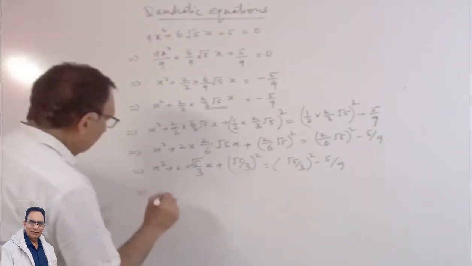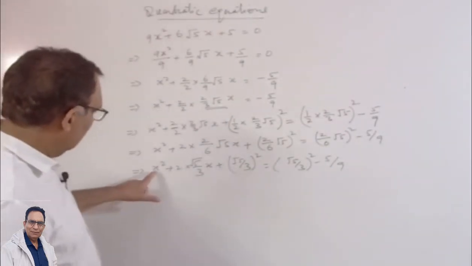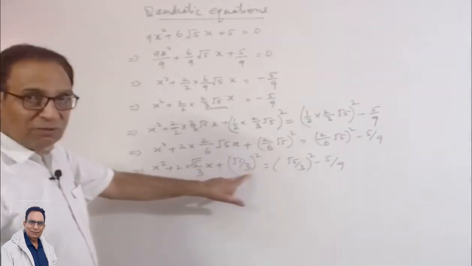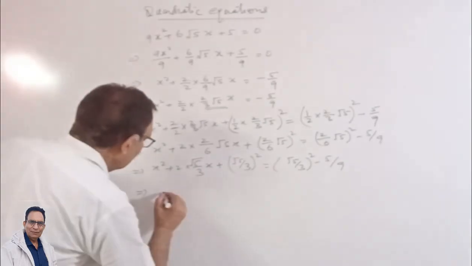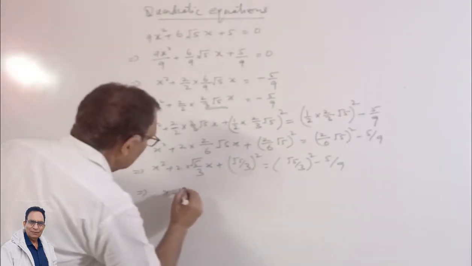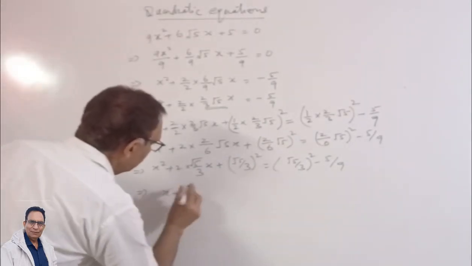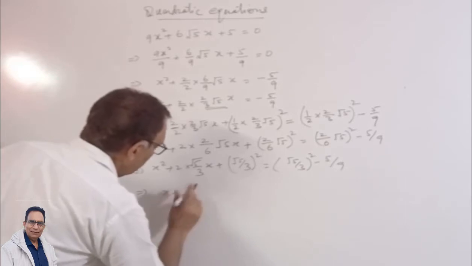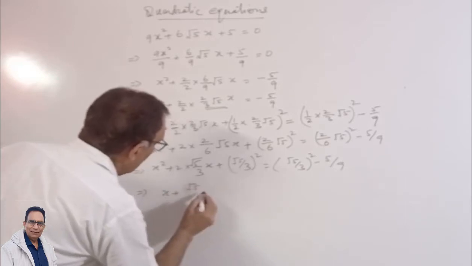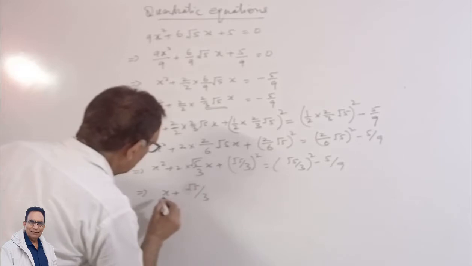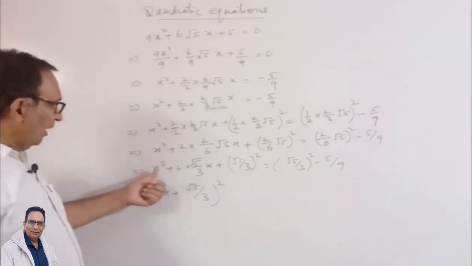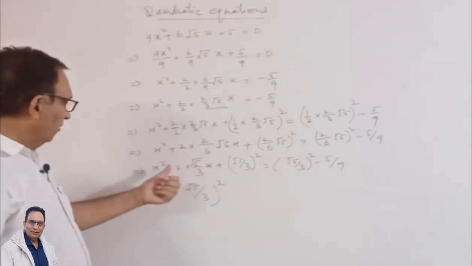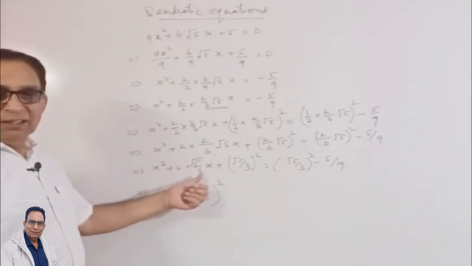We go further. Just see this one. It is x square plus this square plus double of their products. So means I can write it x plus radical 5 over 3 square. Is it not? x square plus square of this one plus double their products.